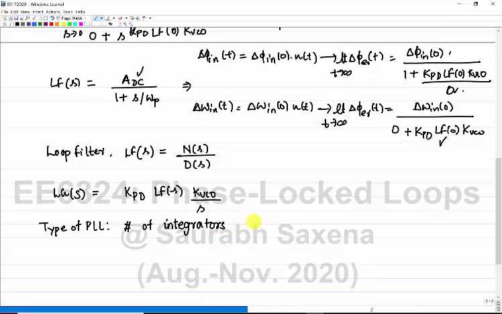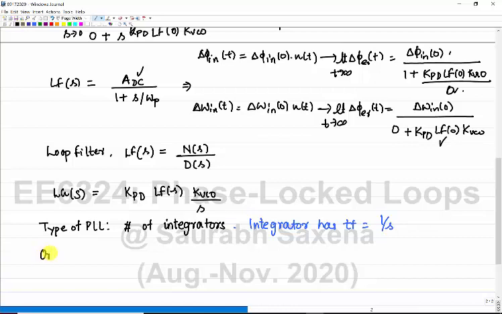An integrator has a transfer function of 1 over S. So you look at how many 1 over S terms you have in the PLL, and you will know the type of the PLL.